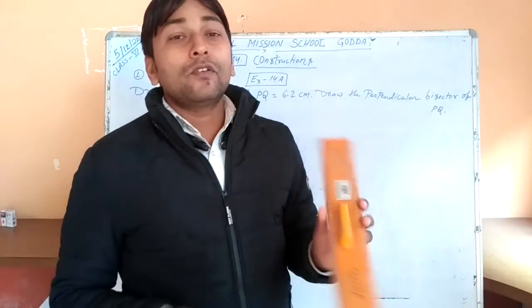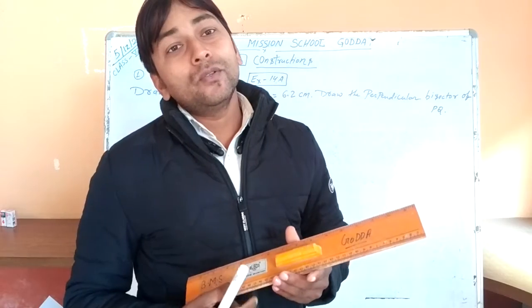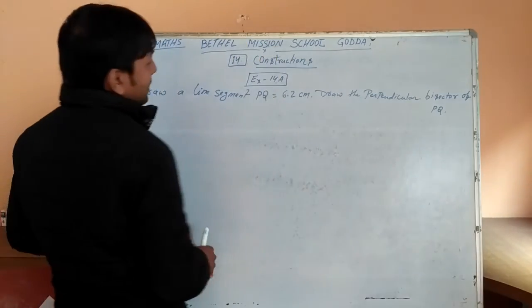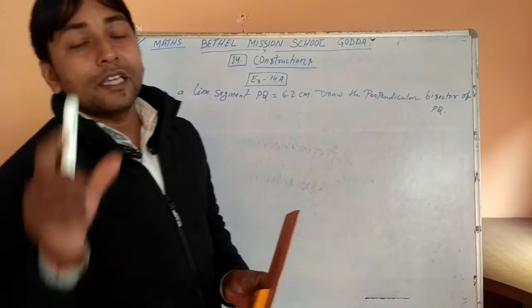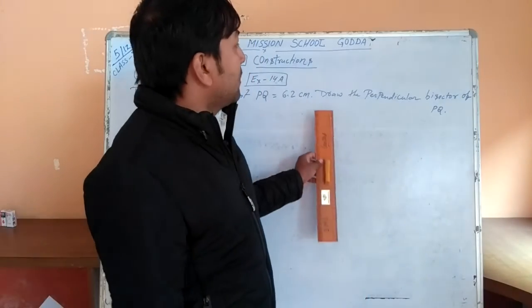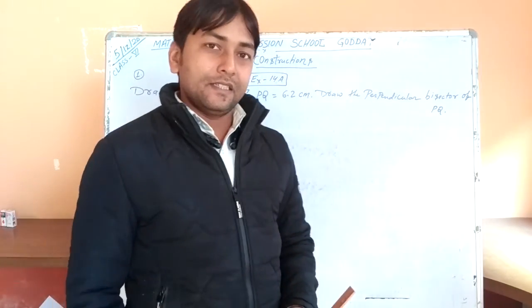So with the help of a scale, you have to draw 6.2 centimeter and give name PQ. Okay, and then we will draw a perpendicular bisector.